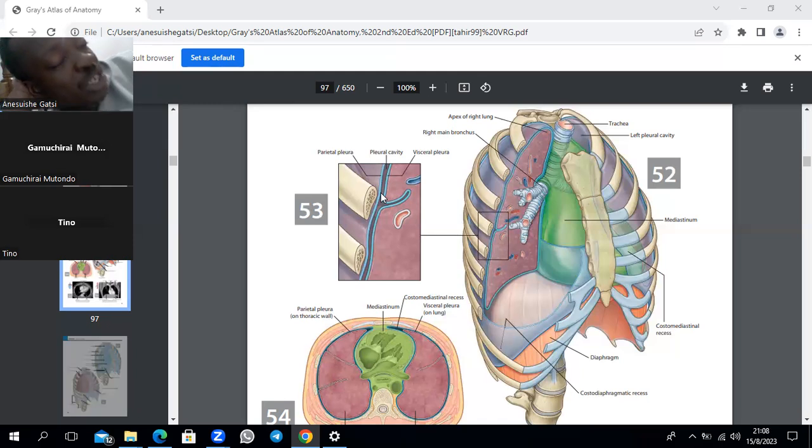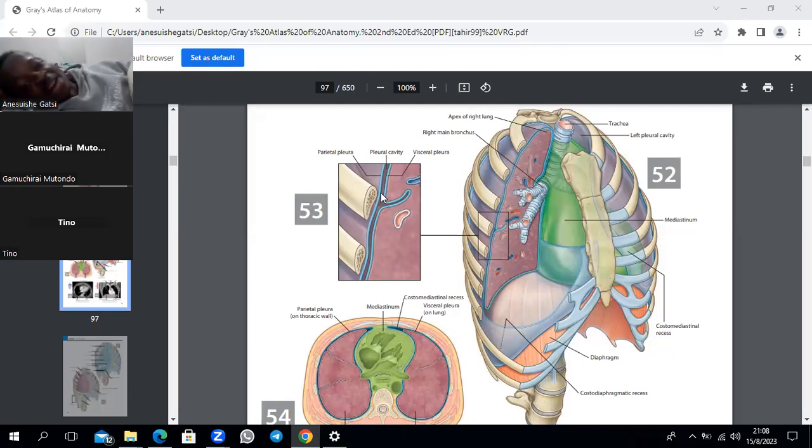Meaning that visceral membranes get their innervation from the autonomic nervous system, whereas parietal membranes are innervated by somatic nerves, the same nerves that innervate the body wall, which is sensitive to all those sensory modalities.